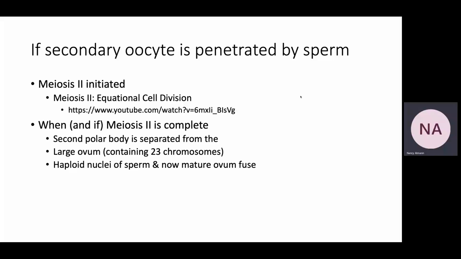Just as a point of reference, and I wouldn't ask this in terms of specificity, how big is a sperm cell versus an ovum? This is kind of interesting to know. A red blood cell is about 8 microns in diameter. The sperm cell is the smallest cell in the body.